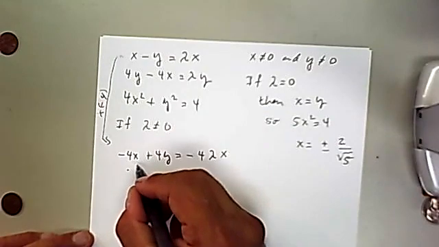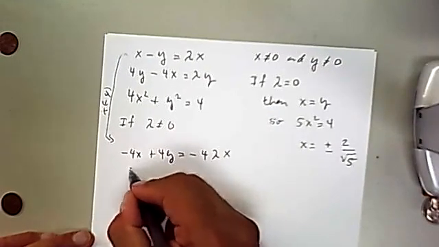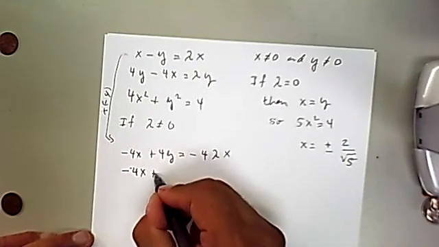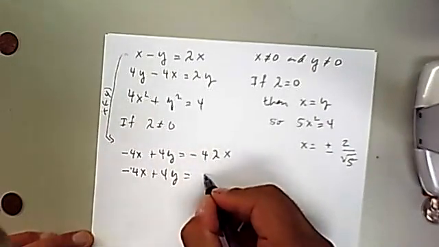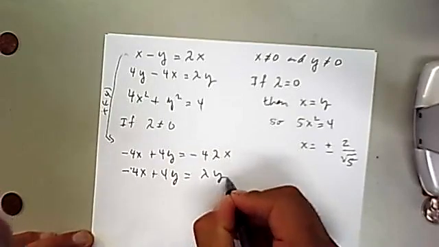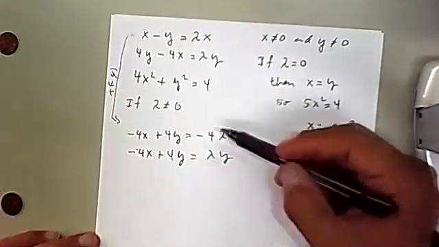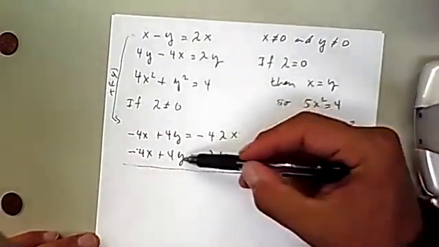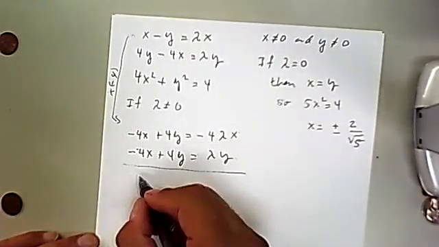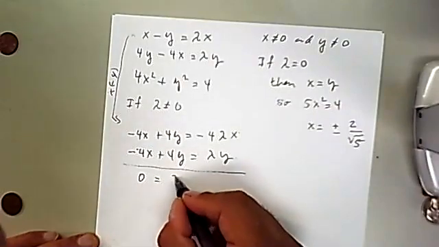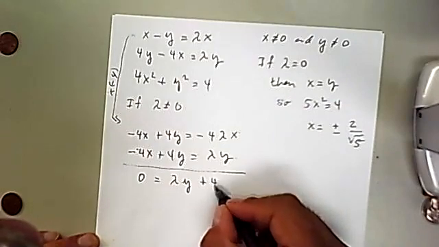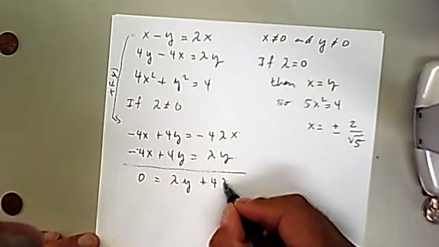I guess I could have just multiplied by 4, but that's all right, because we're going to subtract now. So we subtract this equation minus that equation. Those two are going to be 0. So 0 will be lambda y plus 4 lambda x.